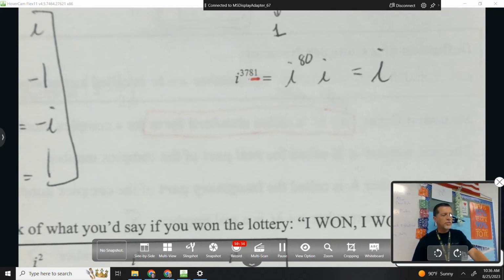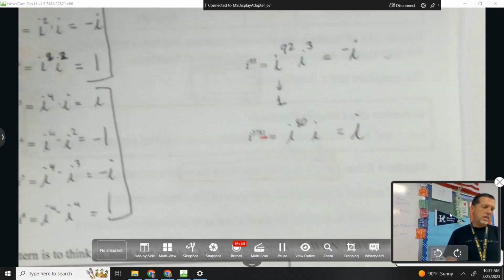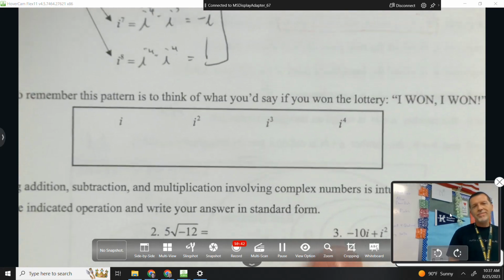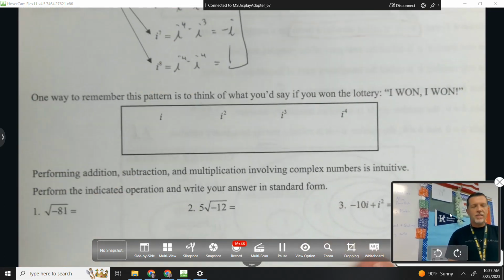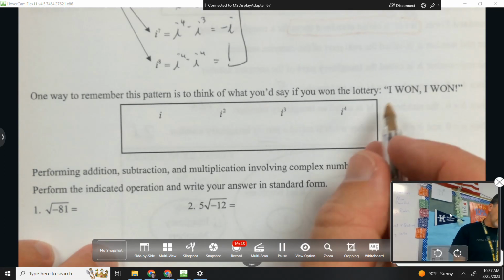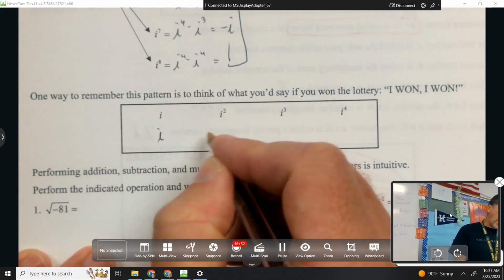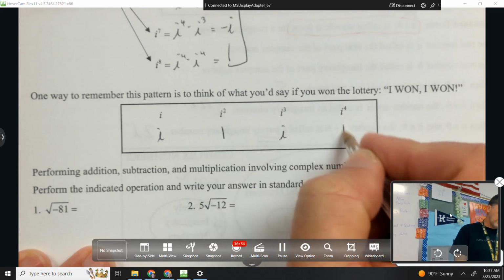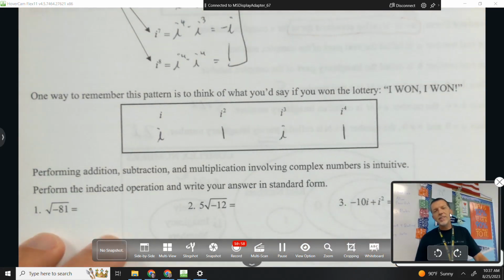So multiples of 4 are the big deal for i's, as well as knowing the pattern. You've got to know the pattern. Now, this is one cheesy way to know the pattern. I kind of don't like it because it's not complete, but if you won the lottery, you'd probably say, I won. Why do I say that that's sort of an incomplete help? It doesn't have the negatives on there.